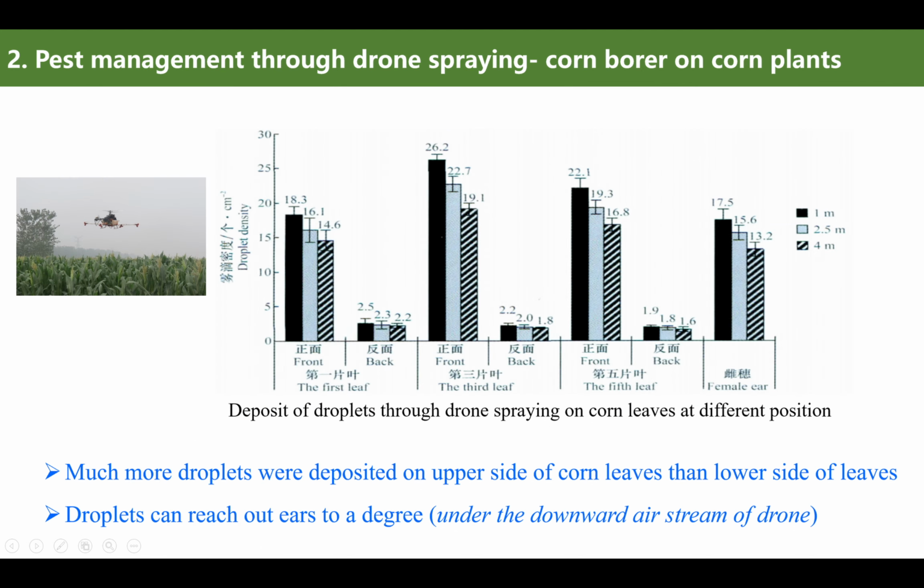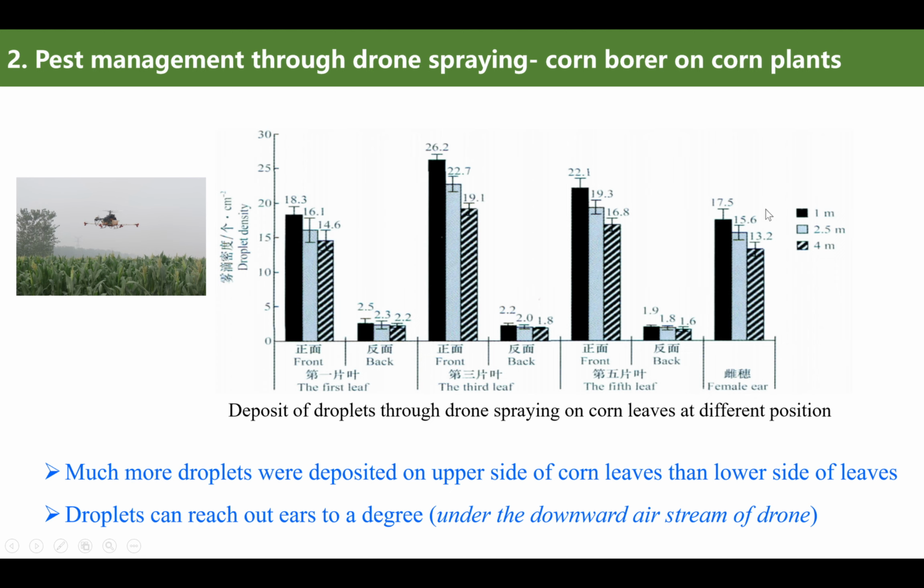This is the control of corn borer on corn plants. This graph is the deposit of droplets on different leaves and ears. You can see much more droplets were deposited on the upside of leaves than the lower side of leaves. You also can see droplets can reach the ears to a degree.